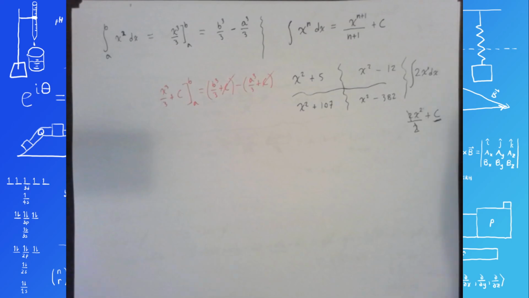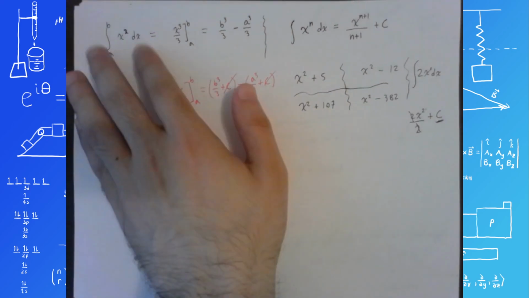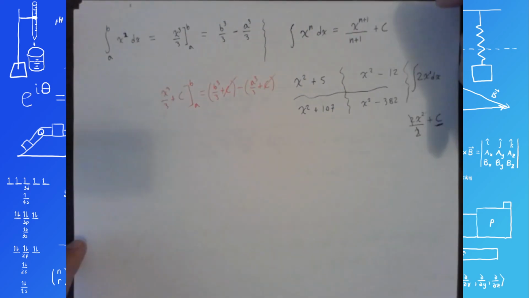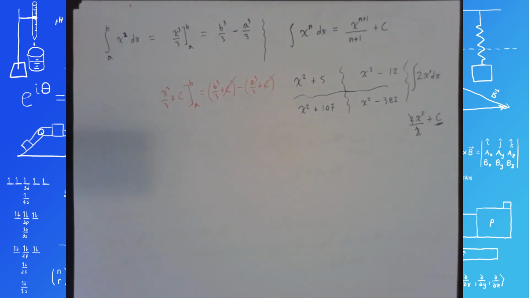The constant cancels out. So when you have a definite integral, when you have an integral with clear integration bounds, you do not need the constant of integration. It just cancels out.